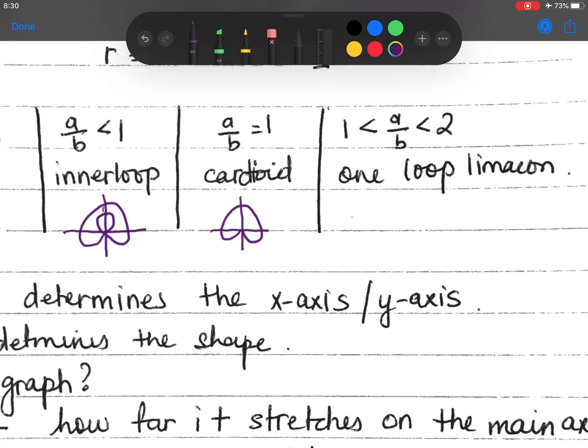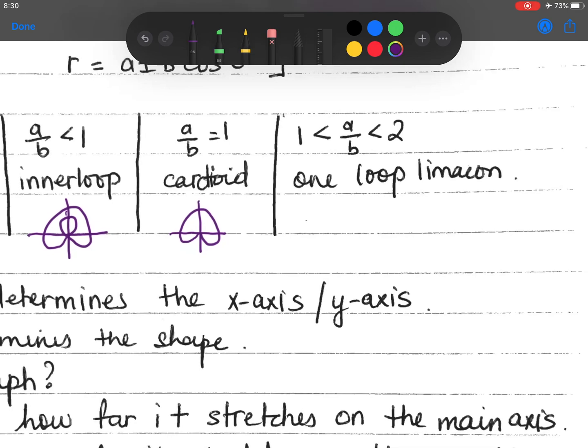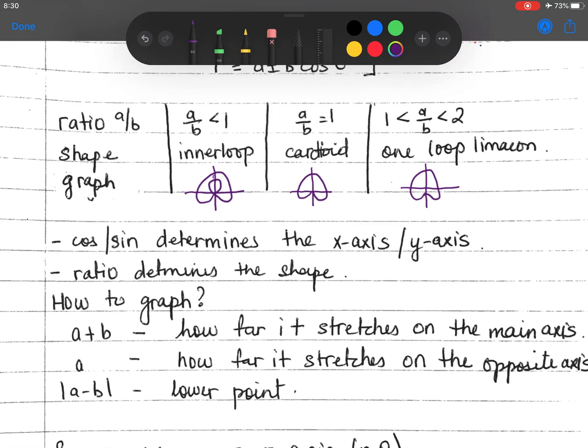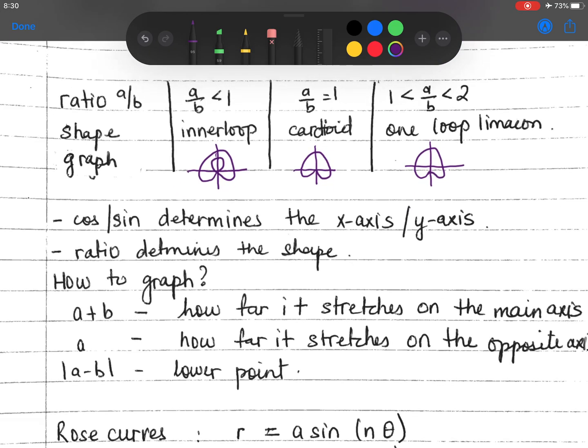If the ratio of A over B is between 1 and 2, it's either called a one loop limacon, or in some places they also call it a dimple, and it looks like this, a little dimple here. Something like that.